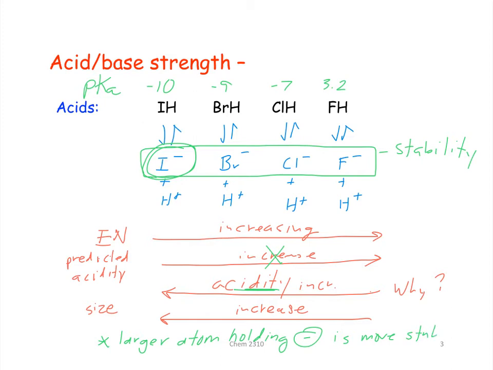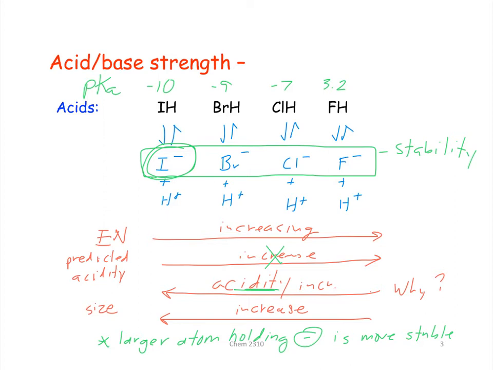Think about this in terms of spreading out charge: in general, the more we can spread a charge out, either over multiple atoms or, in this case, over a larger volume, the more stable it is. Iodide is much bigger, so that minus charge is diffused over a very large area, and diffusing the charge makes the anion more stable.